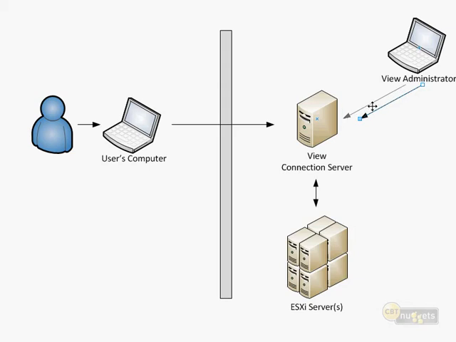Now, the View administrator here, when you go to create virtual machines, in the most simple of situations, what you're going to do within the View Administrator console is instruct View Connection Server to work with the ESXi servers. You, depending on which mode you use, may have to pre-generate those virtual machines before View Connection Server can actually bring them into a desktop pool.